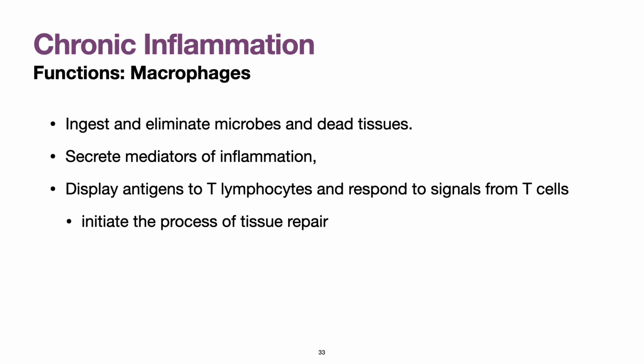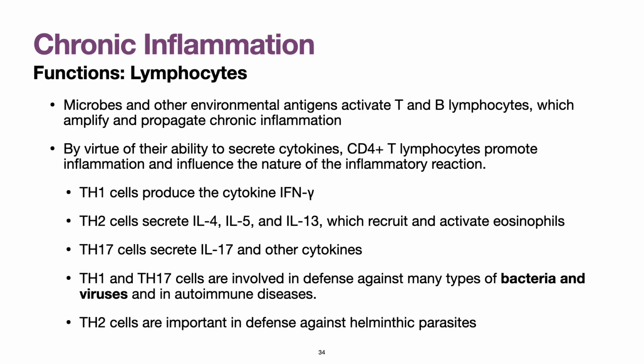They display the antigens to T lymphocytes and respond to signals from T cells, where they initiate the process of tissue repair. We have also lymphocytes, as the microbes and other environmental agents activate your T and B lymphocytes, which amplify and propagate chronic inflammation.